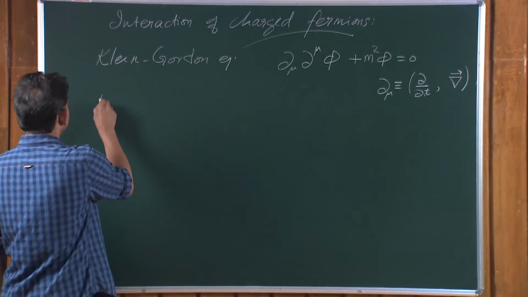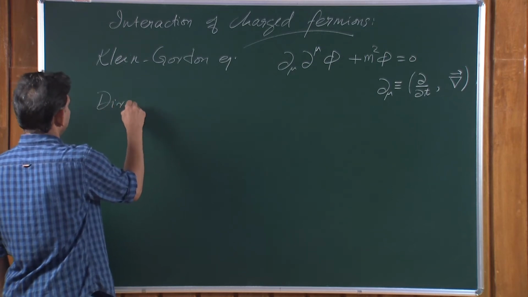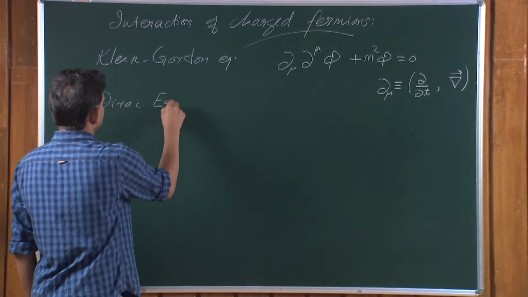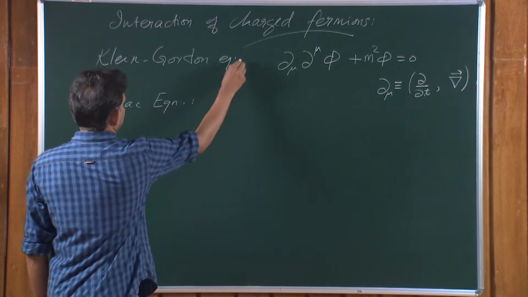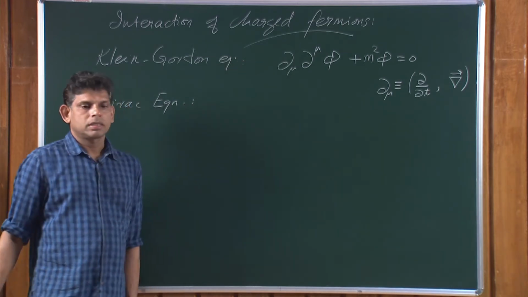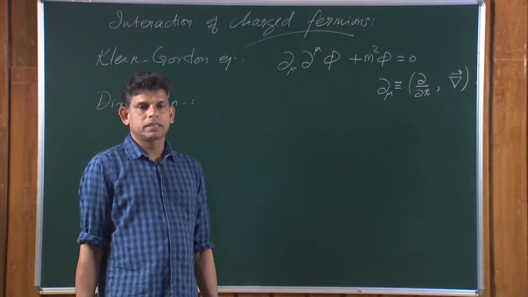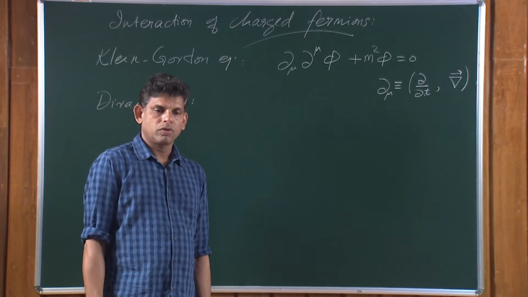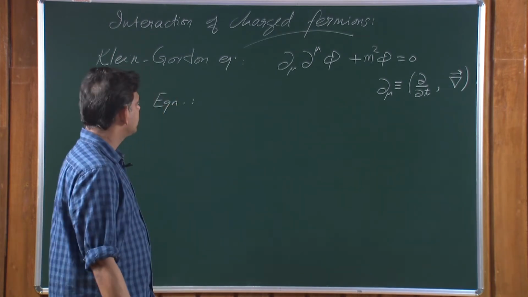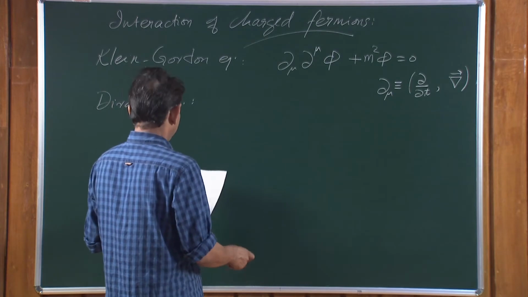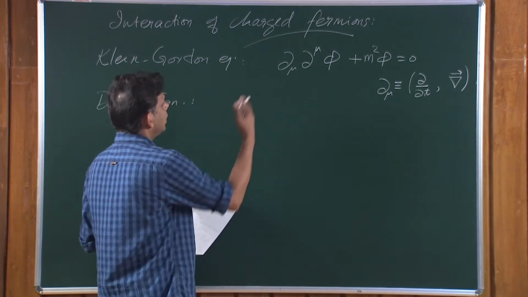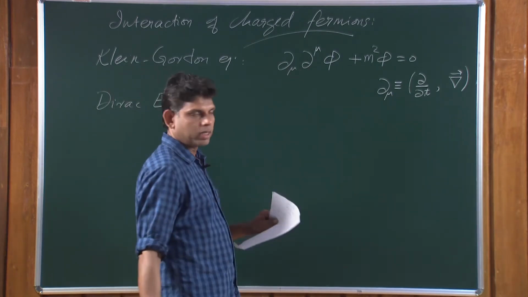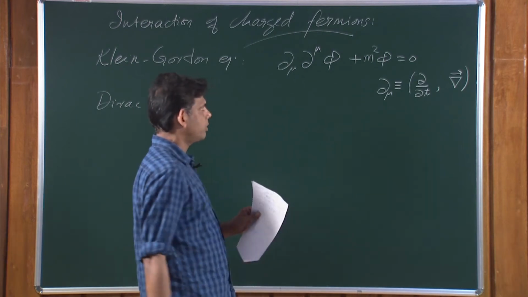Now, the Dirac equation is again a relativistic description of elementary particles. This phi that we have written down is also considered a free particle.